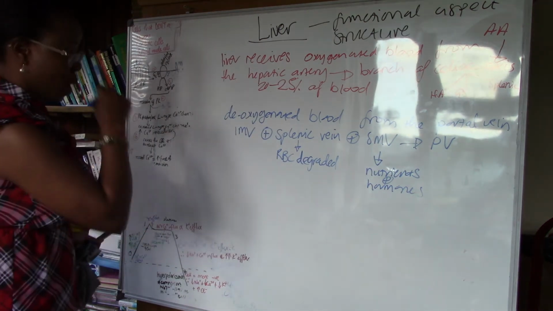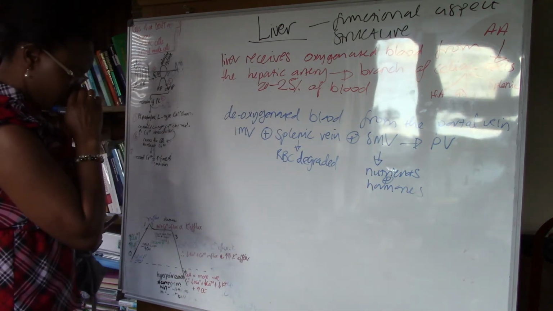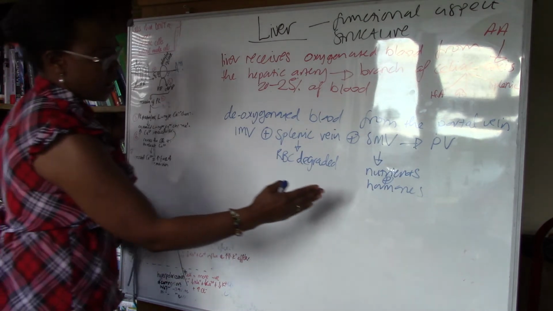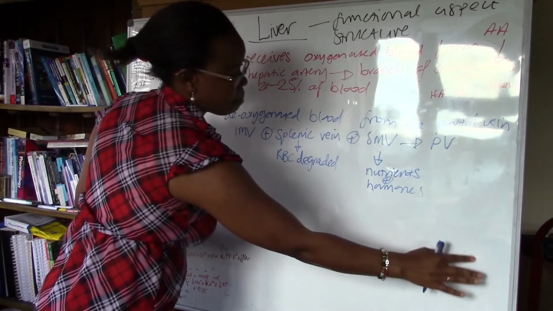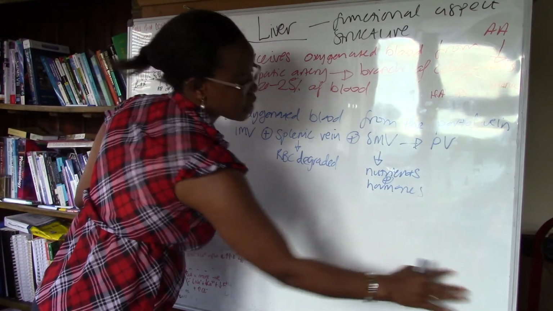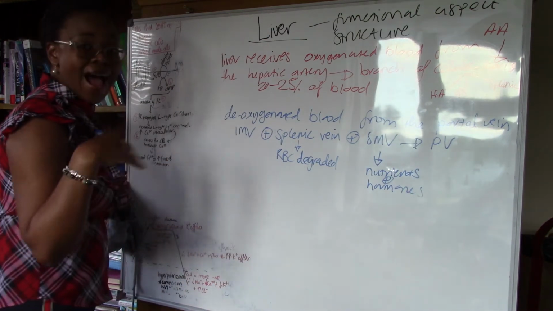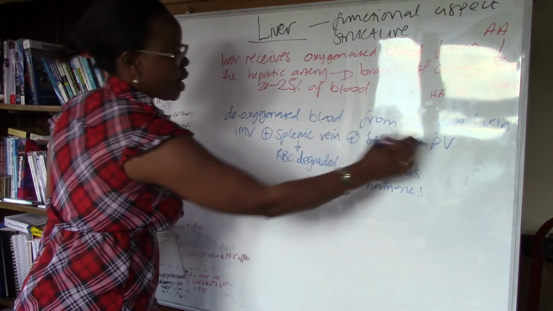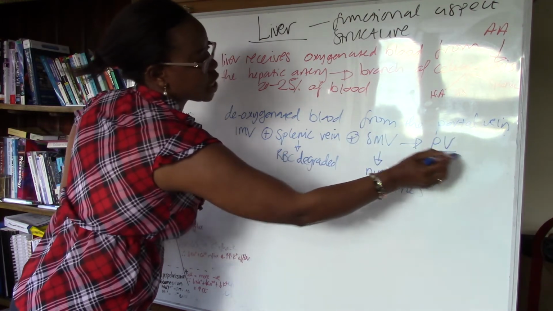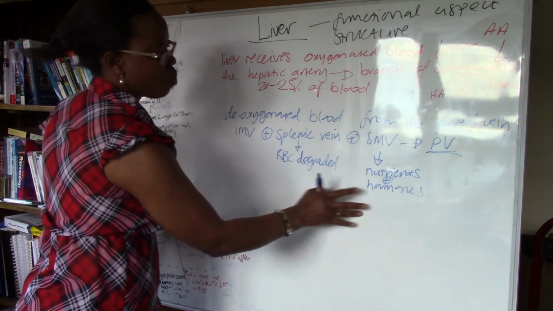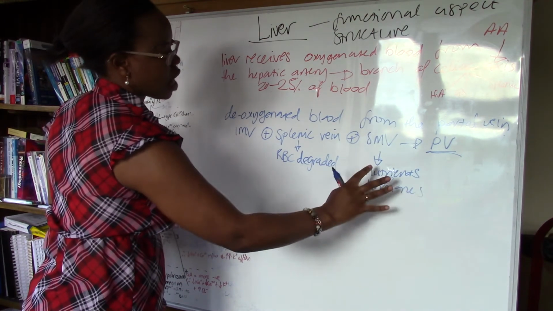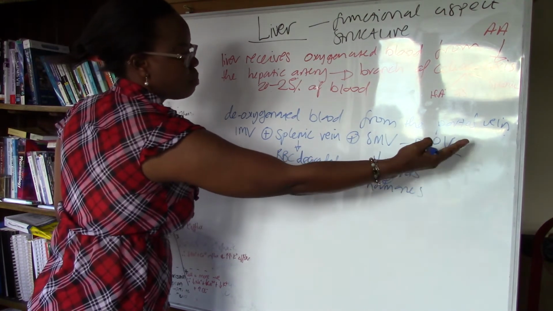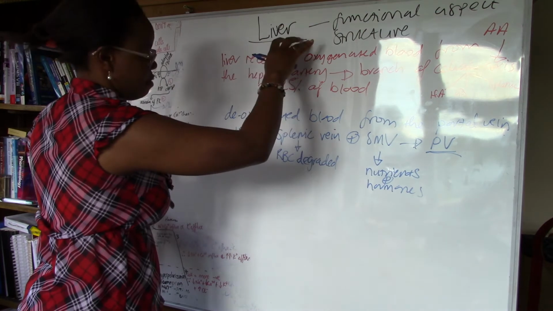Because if we remember that the pancreas makes the hormones, and all those hormones are then secreted into the blood, this blood eventually ends up in the portal vein. So all those hormones and nutrients from the GI tract enter the portal vein, and then they go into the liver.